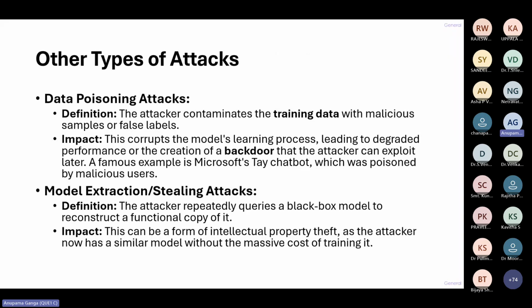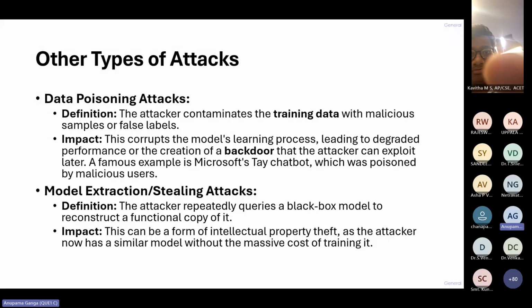Next, we have a few other types of attacks. This is data poisoning. Data poisoning is a type of adversarial attack where the training data is intentionally altered. Models are normally trained on massive data sets, and if data poisoning is done, almost all models are vulnerable.